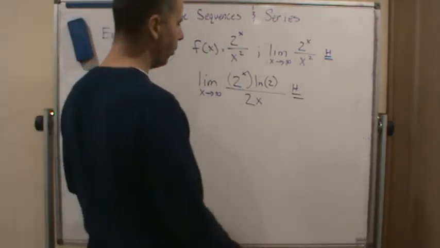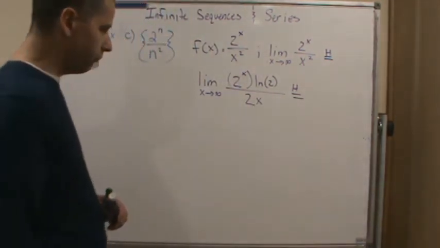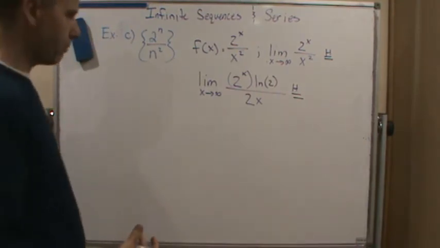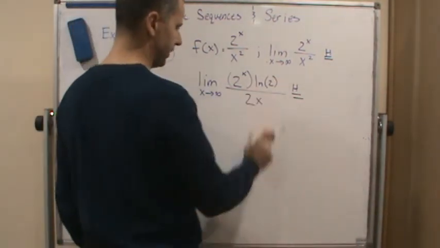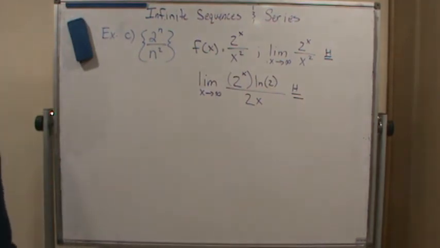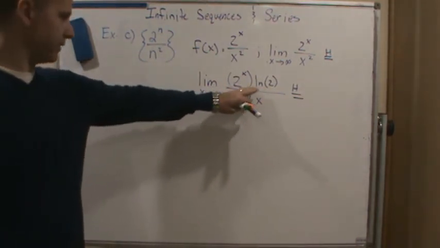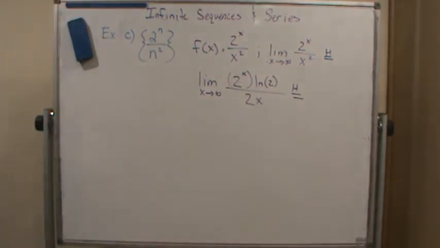And so now, what do we get? Well, this is just a constant, right? So we take the derivative of this. The constant doesn't matter, but we take the derivative of 2 to the x, and so we're going to get another natural log of 2. That's really the only difference.